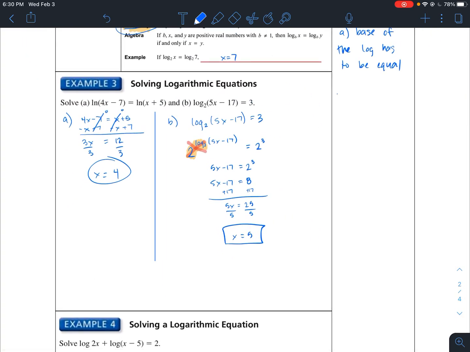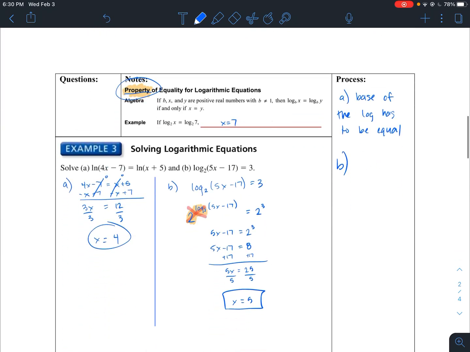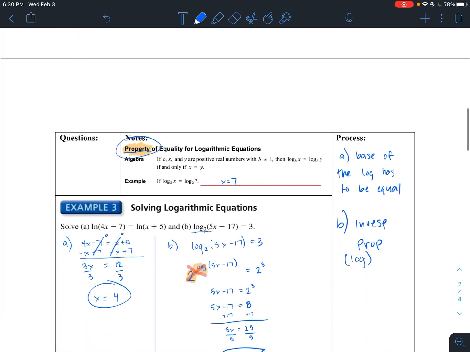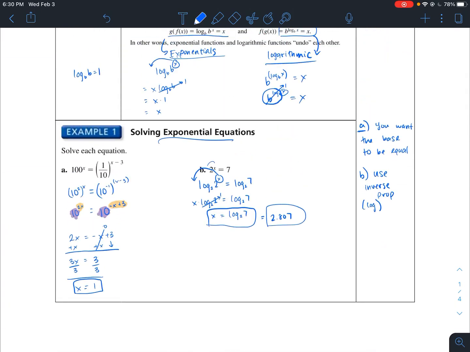So for b, just like up here where we said use the inverse property, you'll use the inverse property, this time for logarithms. So we started out with a log, which means we use the log inverse.